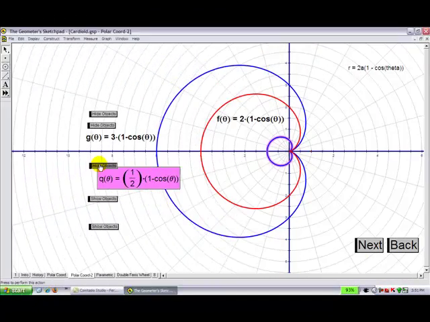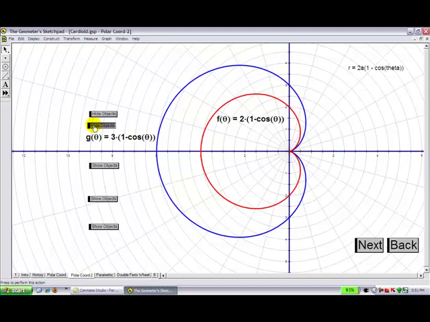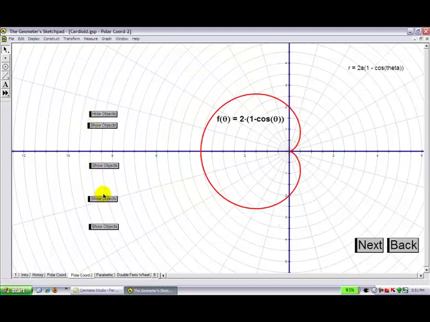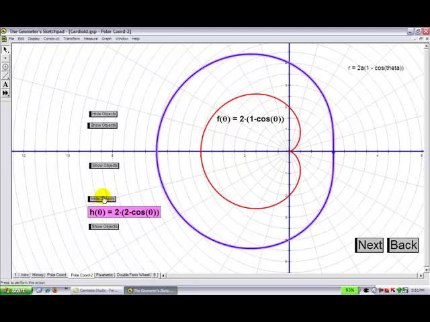Alright, so if I hide these two equations, I will show you 2 things that you cannot do to manipulate the equation of a cardioid. First of all, here I changed the 1 to a 2 inside the parentheses of the equation. So I have 2 times 2 minus cosine of theta. As you can see, on the right side of the blue curve, there is no cusp, which makes this not a cardioid.